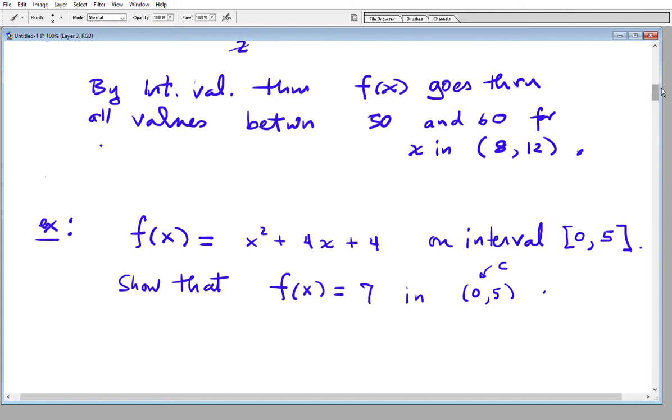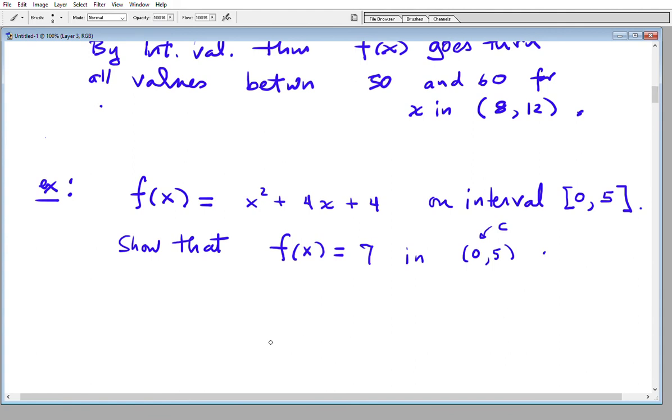All right, so how do we show that? We don't have to find what c is. Sometimes we could do that. You know, we could definitely do that. I'll show you that as well. But we just want to show that it does hit 7. So by the intermediate value theorem, well, first of all, in order to use the intermediate value theorem, we have to say that f of x is continuous. So usually we use polynomials.